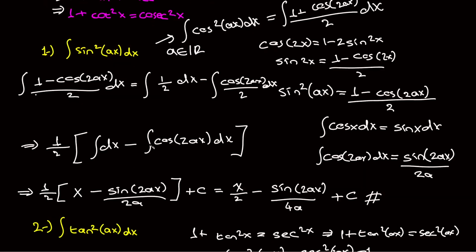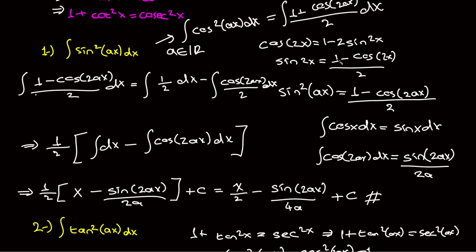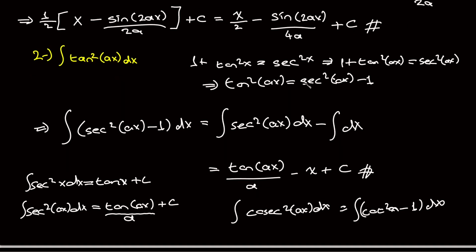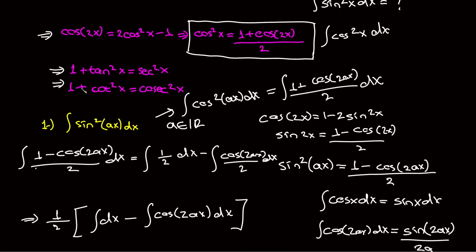And one more thing is I didn't solve it, but as I said, you can integrate cosine squared of ax with this equation. And for the cot squared x, you have to do the same thing that we did for the tan squared of ax. You just need to follow the same steps. Of course, you will not use this equation, you will use this equation.